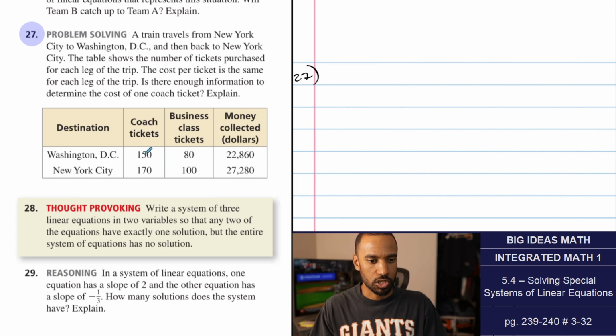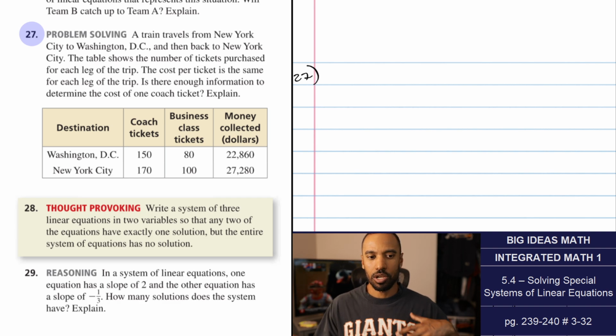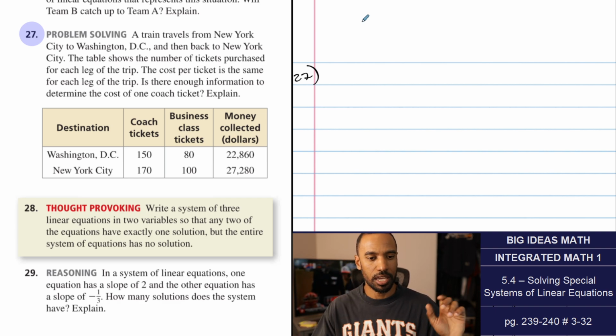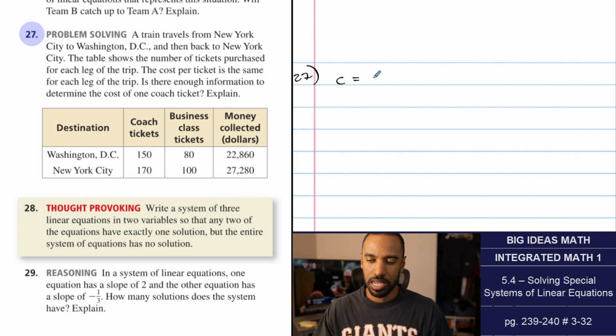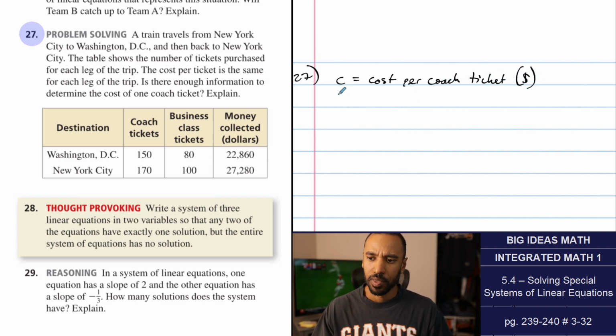Number of tickets purchased. So this isn't the cost here where we have to figure out cost. Let's let C equal cost per coach ticket, B cost per business class ticket. So C equal cost per coach ticket, I assume in dollars, and B cost per business class ticket in dollars.